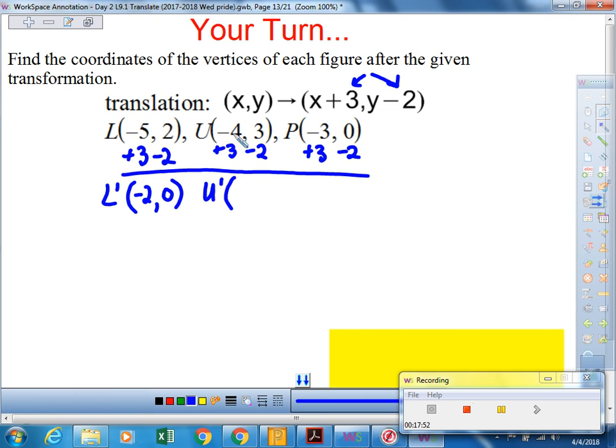U prime, negative 4 plus 3, negative 1. 3 minus 2, 1. And P prime, negative 3 plus 3, 0. And 0 minus 2, negative 2. Okay? So not too bad, right? All right. That is it.